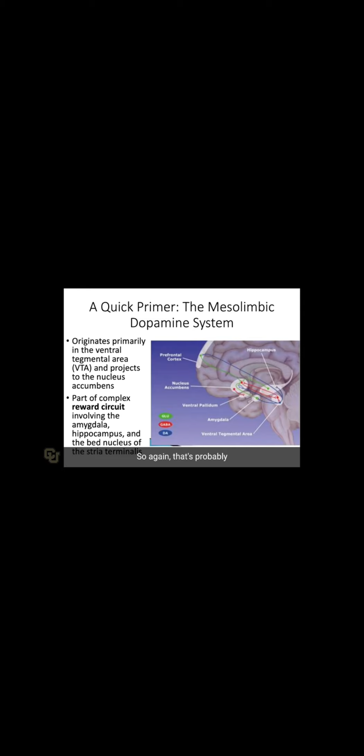And so again, that's probably a very key central part of the neurotransmission here. It's these opioid receptors in the VTA, which then impact dopamine neuron function and transmission and connectivity to other parts of this system.